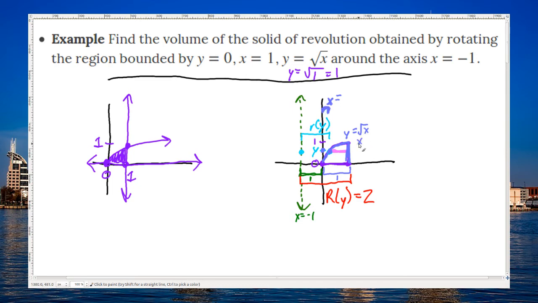So what do I do? I'll just solve for x. X is equal to y squared. And then I just saw a moment ago that the distance from the y-axis to the axis of revolution, this horizontal distance, is 1. So my inside radius, little r of y, is 1 plus y squared.